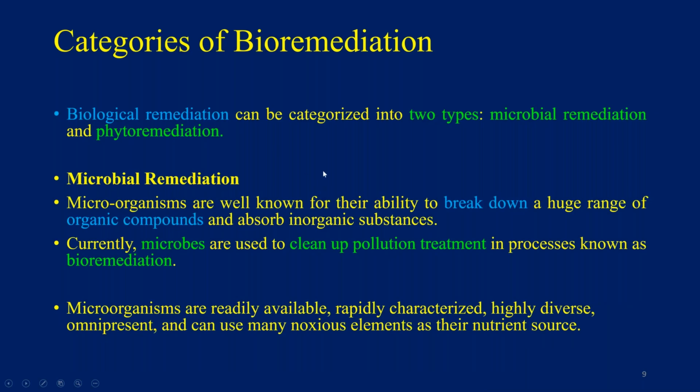Biological remediation can be categorized into two types: microbial remediation and phytoremediation. Microbial remediation. Microorganisms are well known for their ability to break down a huge range of organic compounds and absorb inorganic substances. Currently, microbes are used to clean up pollution in processes known as bioremediation. Microorganisms are readily available, readily characterized, highly diverse, omnipresent, and can use many noxious elements as their nutrient source.